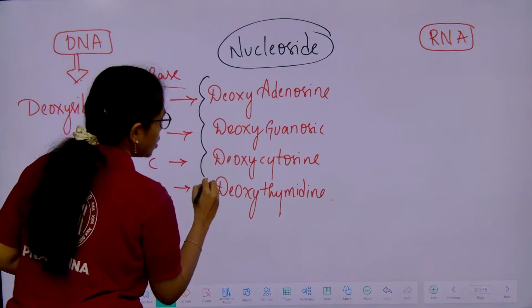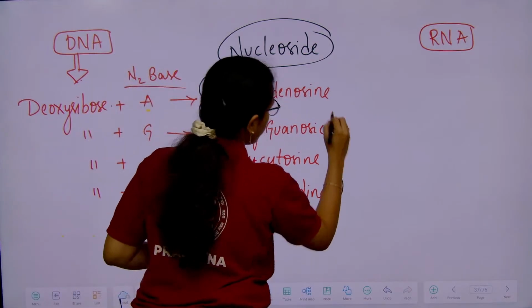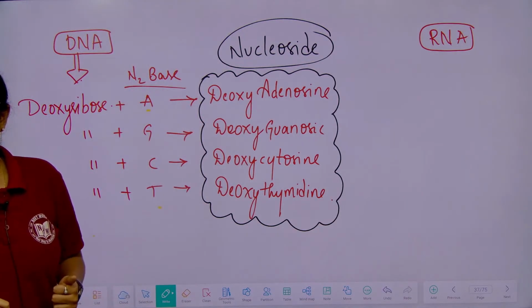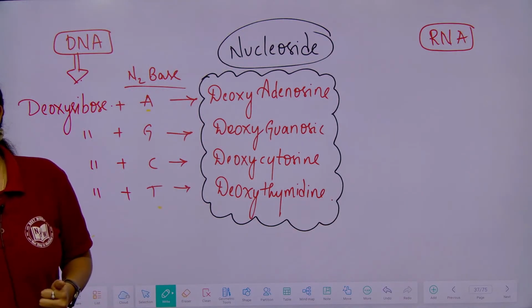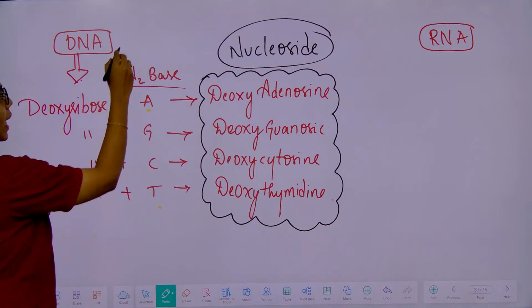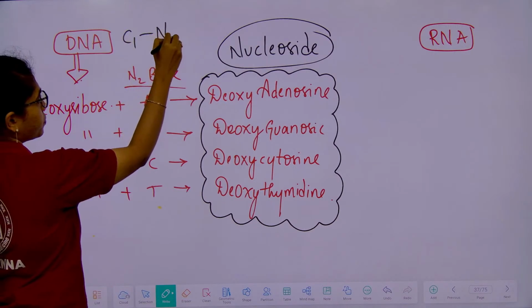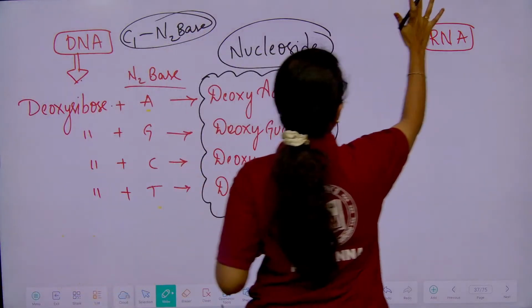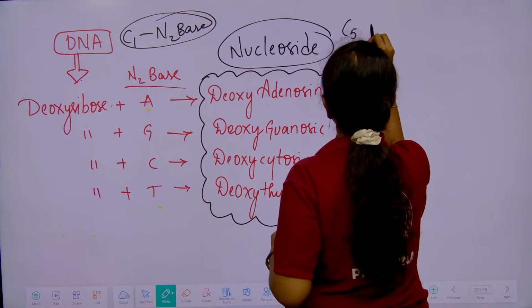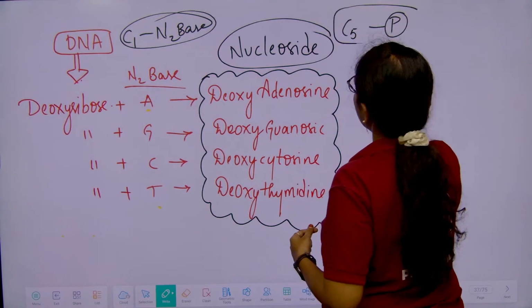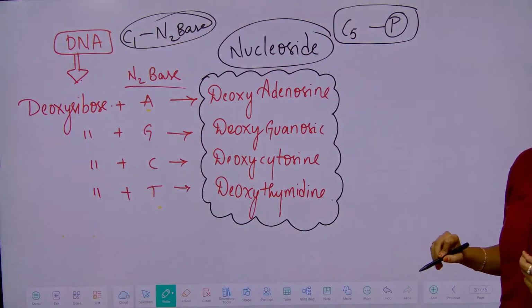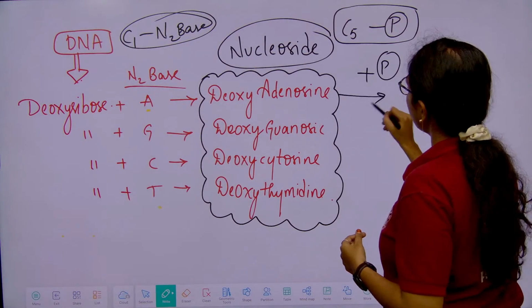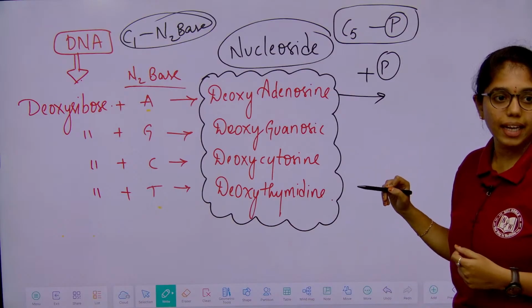Which carbon of this nucleoside is attached to the phosphate group? Louder. Fifth carbon. To the first carbon, the nitrogen base is attached. To the fifth carbon of the sugar, the phosphate group is attached by what bond? Phosphoester bond. So when it is added with a phosphate group, this forms what?